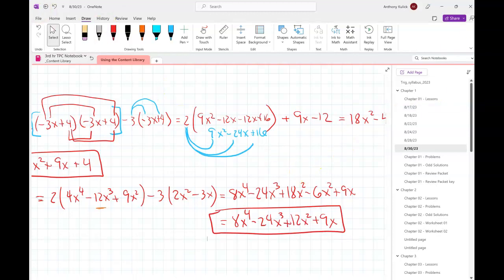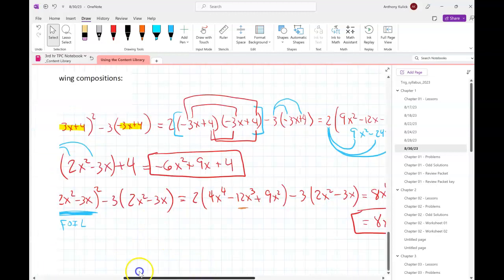There you go. Now I sped through that a little bit because I shortcutted the foiling, right? But again, it's just foiling. You've done it, I don't know, probably 3 years, pre-algebra, algebra, algebra 2. So hopefully we're pretty good at that. Okay.